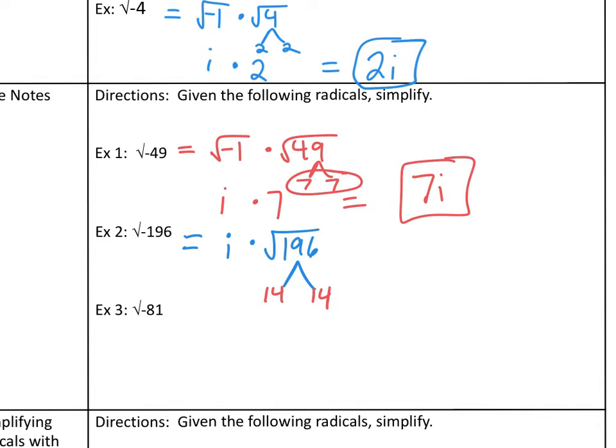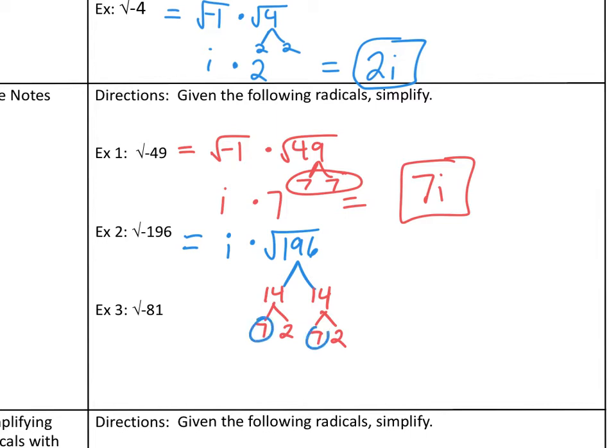Okay. Does 14 break down any further? Yes. To what? 7 and 2. So both of these break down to 7 and 2. My group size here, I'm letting in how groups of what to the party? 2. Okay. 2 of the same number.